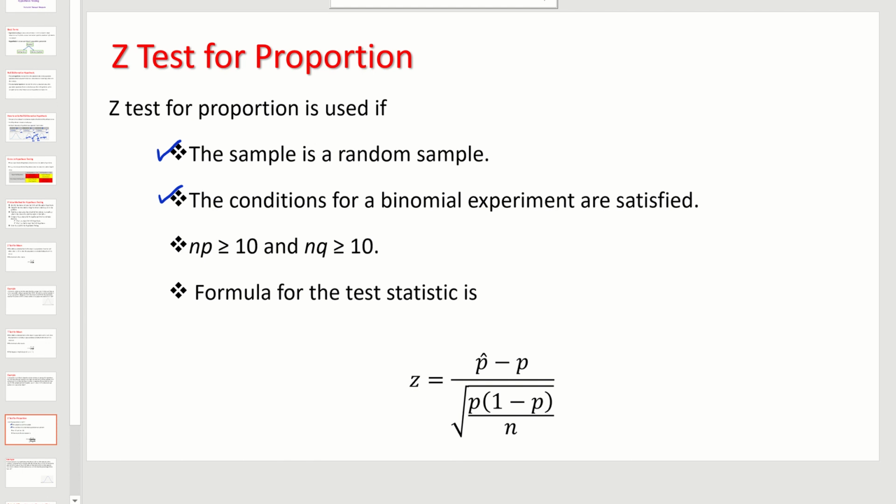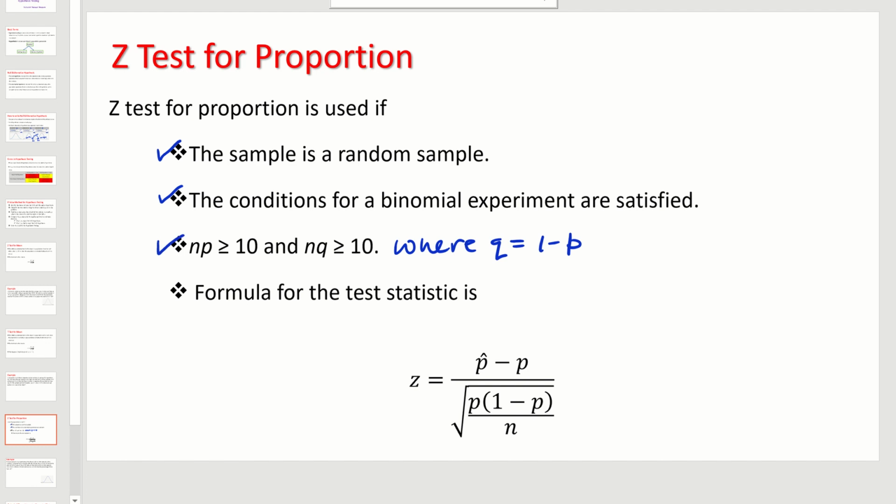And third thing, for the sampling proportion to follow the normal distribution, n times p and n times q, where q is 1 minus p, both must be greater than 10.